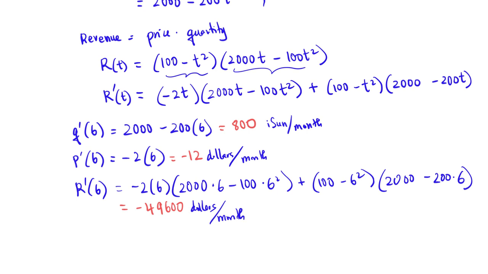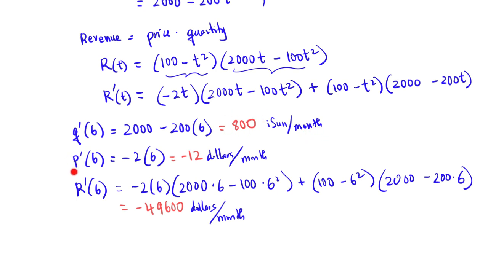How do we interpret this? For the rate of change of the monthly sales, we would say that 6 months after the introduction of ISON, sales go up or increase by 800 units per month.